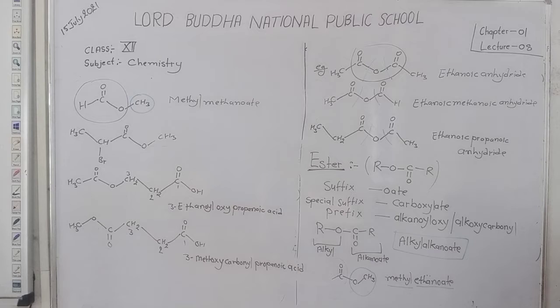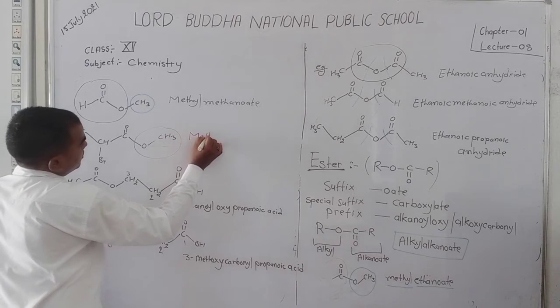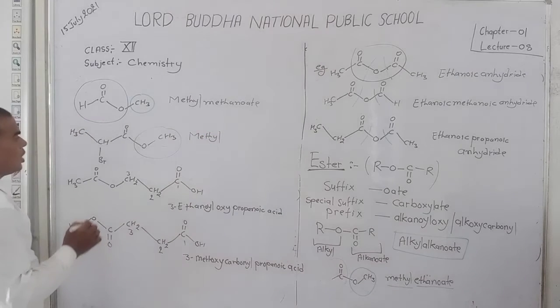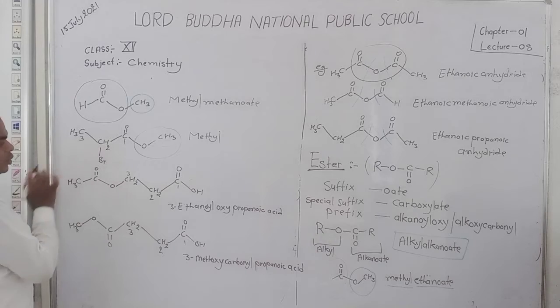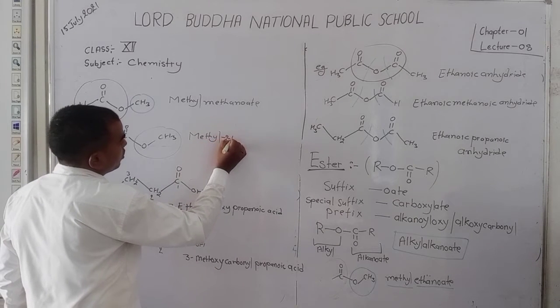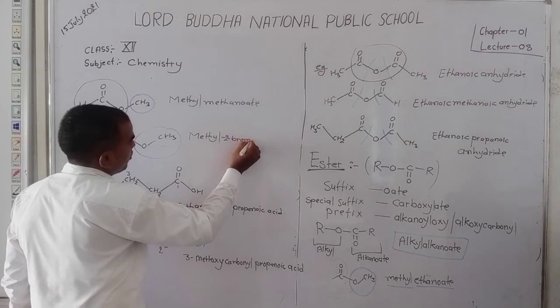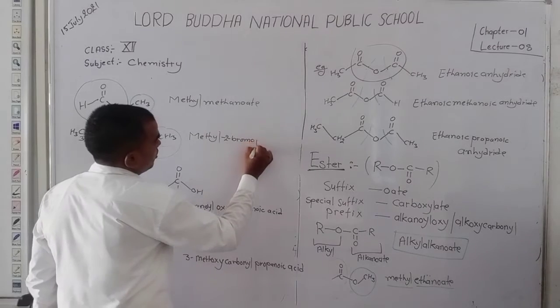Okay. Now here CH3, so write methyl here, and with 1, 2, 3 carbons, at the second position bromo is present. So write second bromo. Number of carbons 1, 2, 3, propanoate.